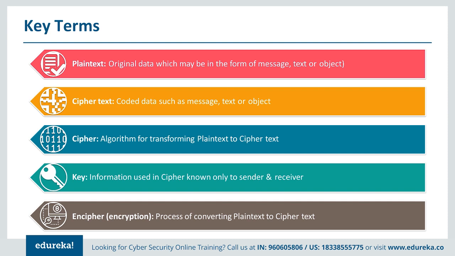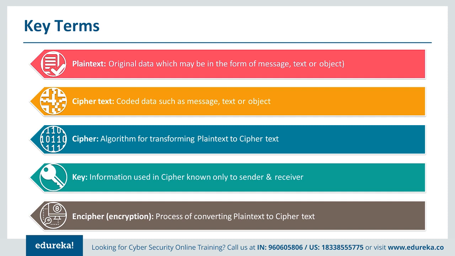And the term cipher is the process of converting normal text to the encrypted one. And the key, we obviously understood what a key is. A key is simply like a password, or it can be a security token, or it can be a key pair. And the word encipher is nothing but encryption.